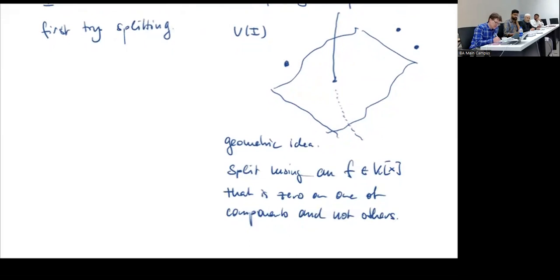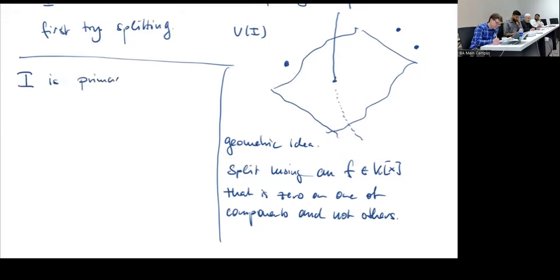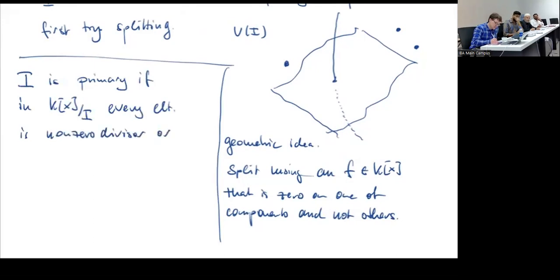Let me first remind you of my favorite definition of primary ideal. I say an ideal I is primary if in the quotient every element is a non-zero divisor or nilpotent.